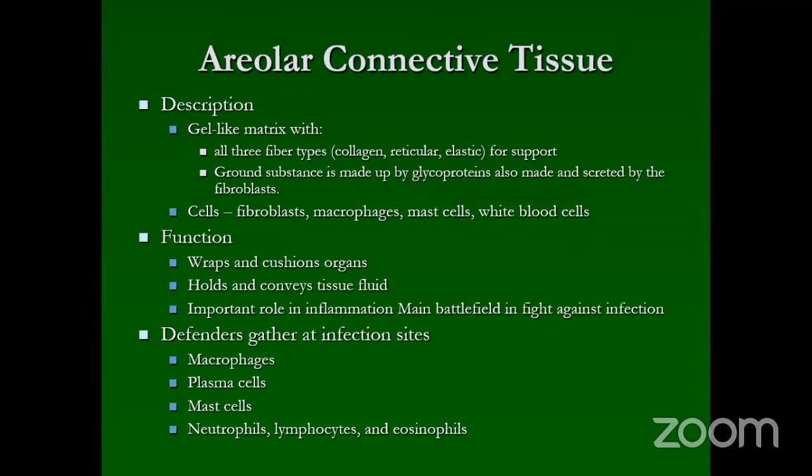And the cells like macrophages, plasma cells, mast cells, neutrophils, lymphocytes, eosinophils. So all these are the cells of the immune system which will be gathering at the site of infection and they will be fighting against the infection. So all these cells are components of this areolar connective tissue.